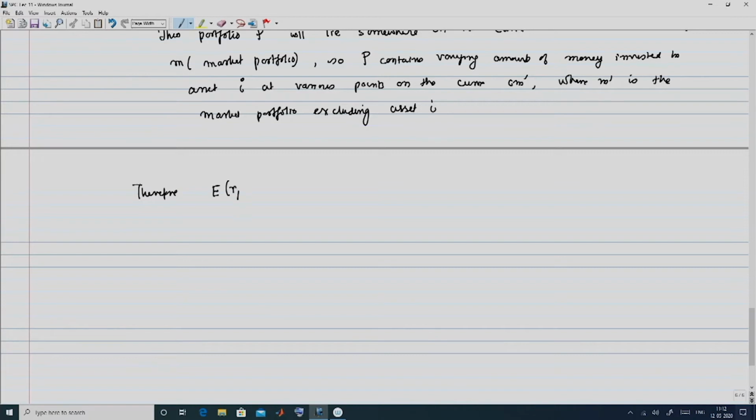So, we have E R P. What is this? This is going to be the weight W I into the expected return of the ith asset, and the remaining weight 1 minus W I into the expected return of the market portfolio.